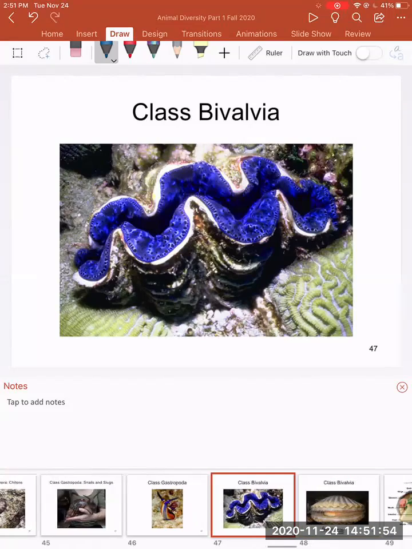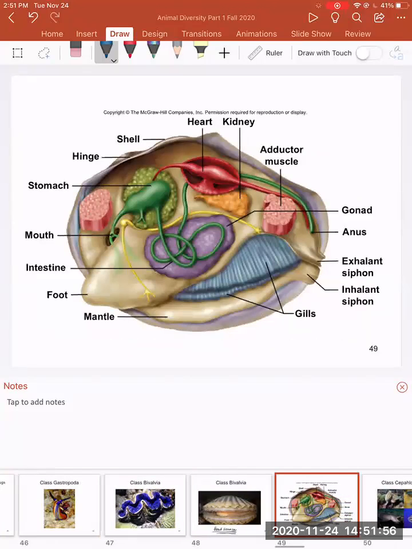They're a big source of food for us. You can see some of the complexity here in this bivalve. A heart, a kidney, muscles, intestine, mouth. You can see where they show the foot and the mantle. Has gills for respiration. Lots of complexity there.